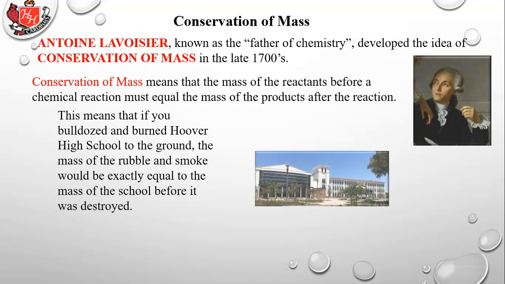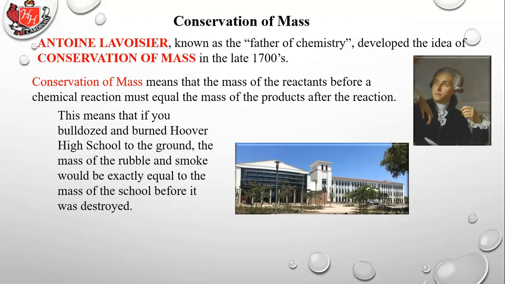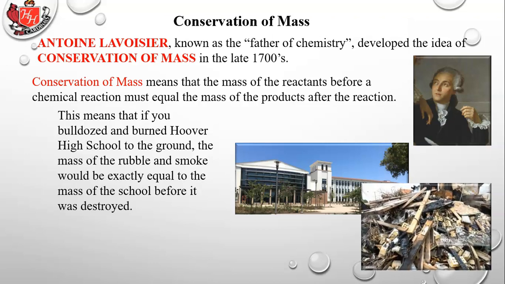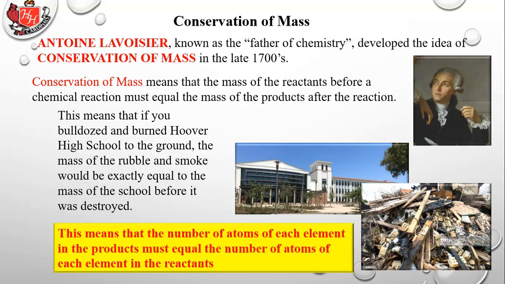So this means that if you bulldozed and burned Hoover High School to the ground, the mass of the rubble and the smoke, so assuming you could put a big glass dome over the school before you did that, the mass of the rubble and all the atoms and elements in the smoke would be exactly equal to the mass of the school before it was destroyed. So this means that the number of atoms of each element in the products must equal the number of atoms of each element in the reactants. That's what we learned when we learned how to balance equations.